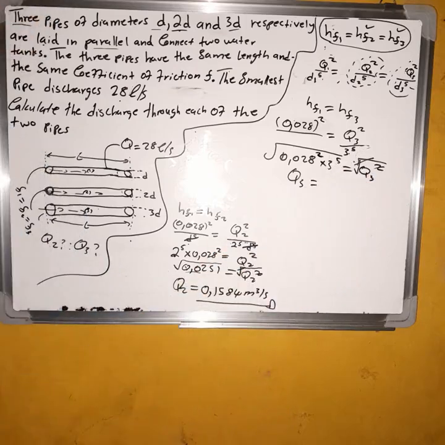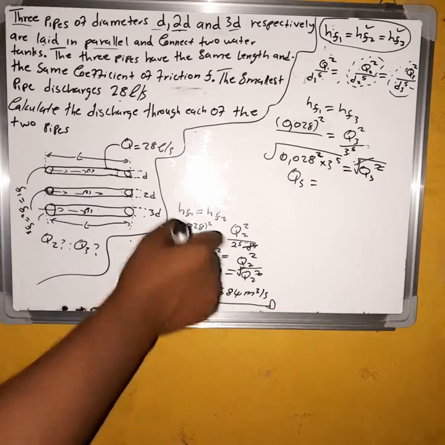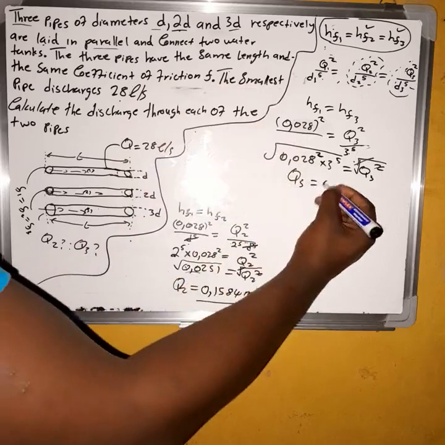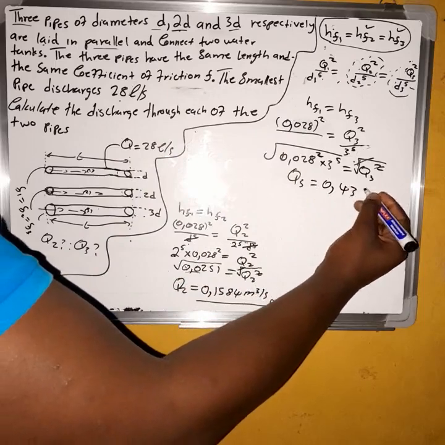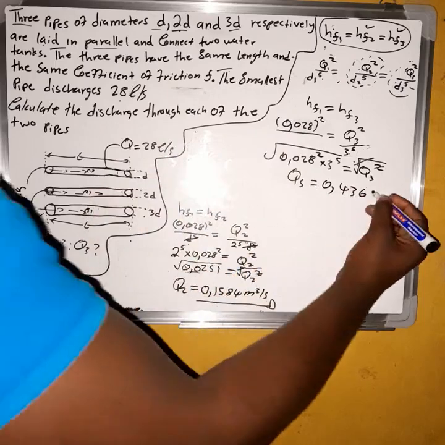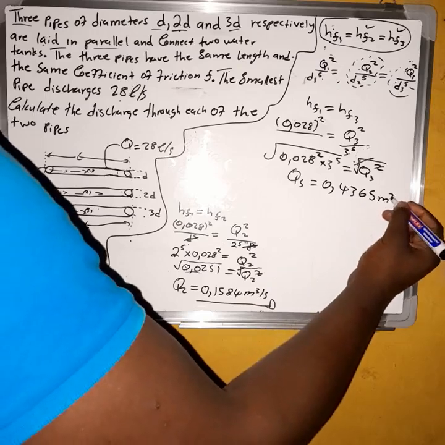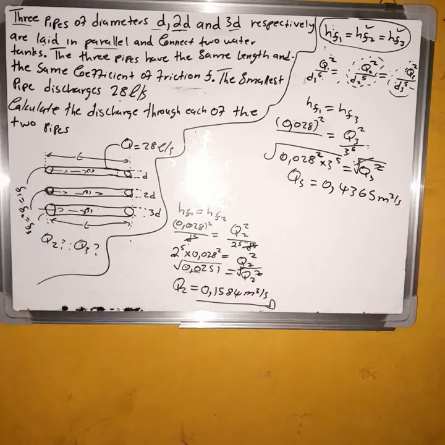If you punch your calculator, you're supposed to get Q3 is 0.436 cubic meters per second. Right.